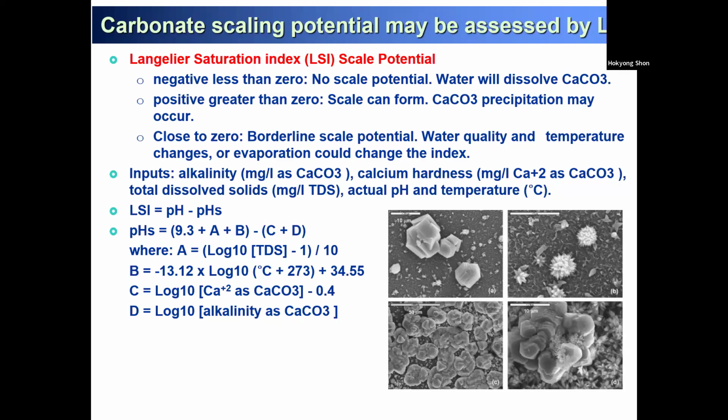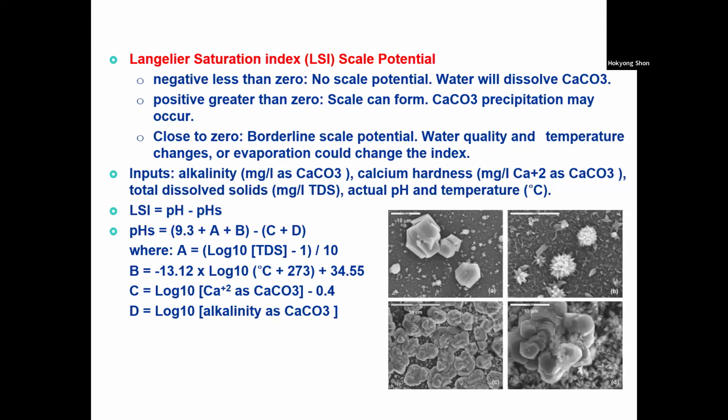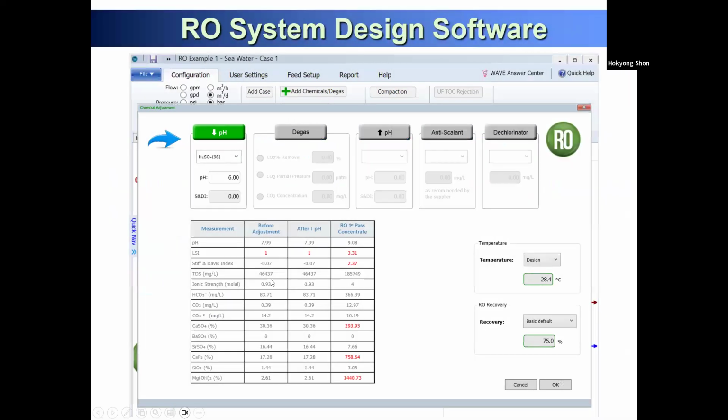So how do they calculate LSI value? LSI we just call Langelier saturation index, scale potential. So negative, less than 0, no scaling potential. The water will dissolve calcium carbonate. However, positive, greater than 0. So previously, you just saw our LSI value before adjustment of pH.